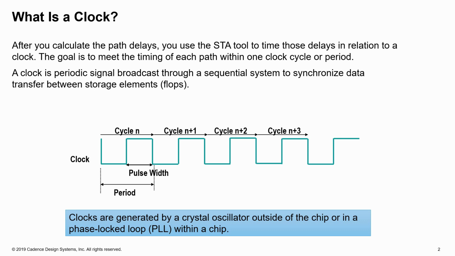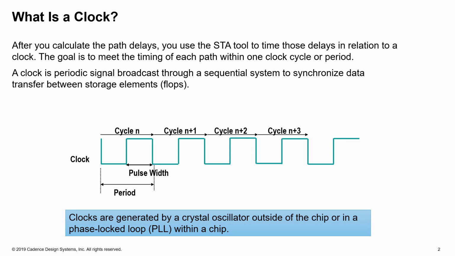Each clock determines the period, which determines the goal of that particular path. If a particular clock is triggering the storage, then one clock period is what is required in order to meet the timing for that particular path.